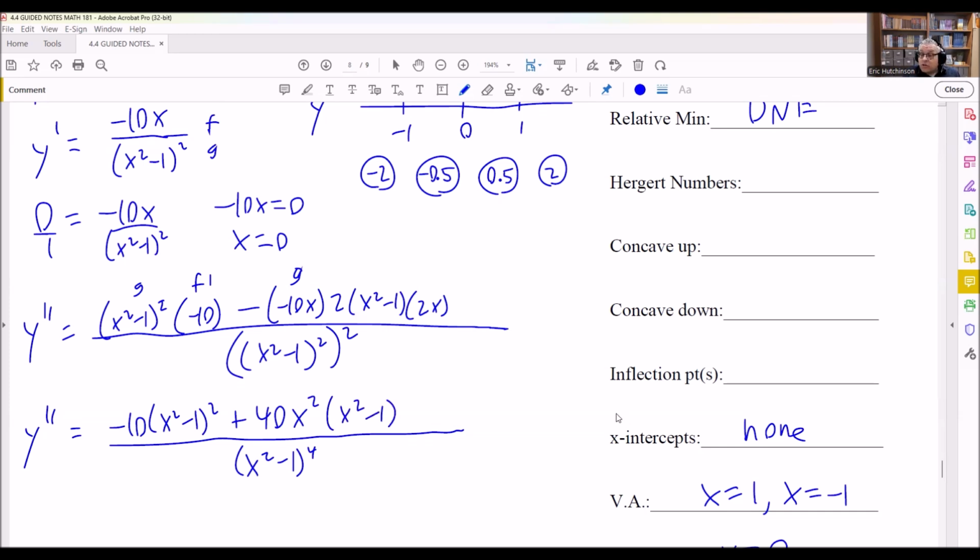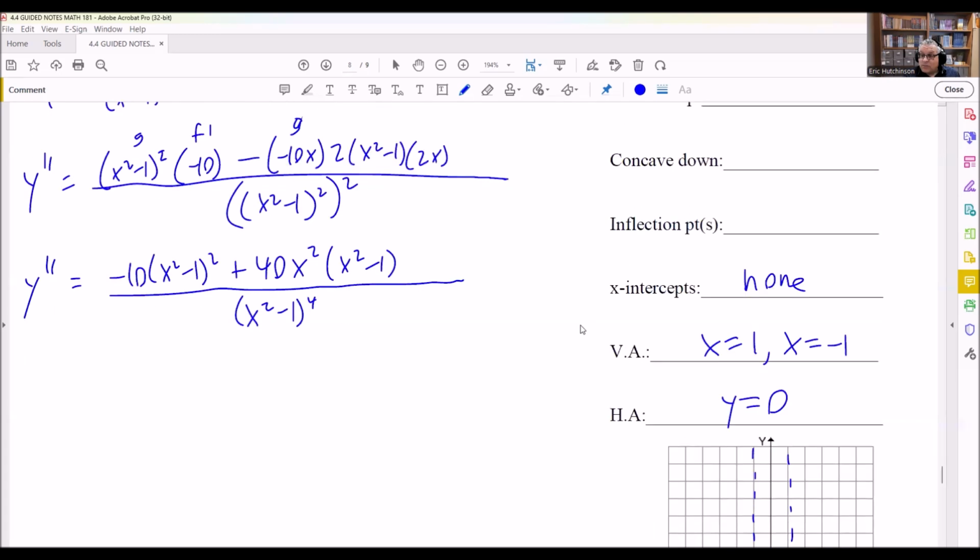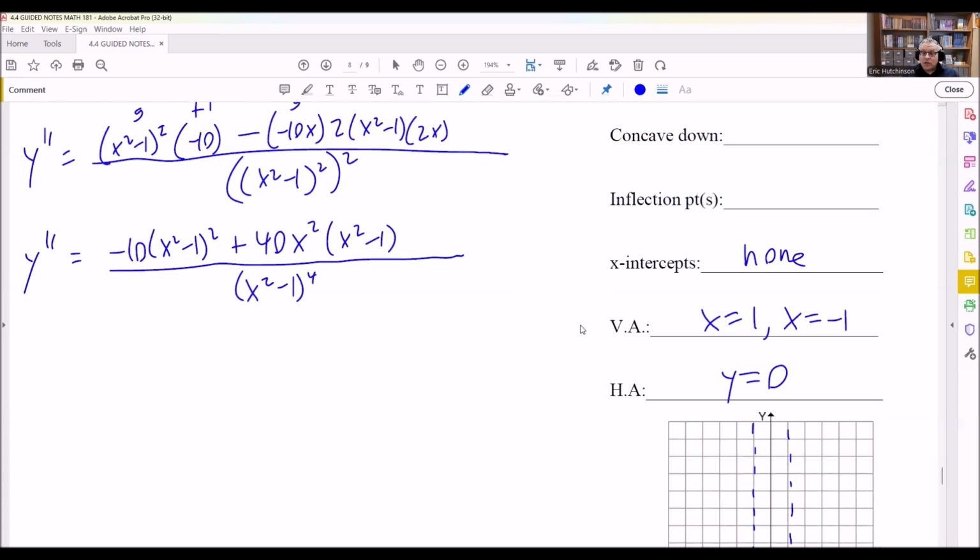We want to keep on going with this. We want to factor this one. We're going to factor out a common factor here. Let's just use positive 10 as a common factor, as well as x squared minus 1 to the first power.